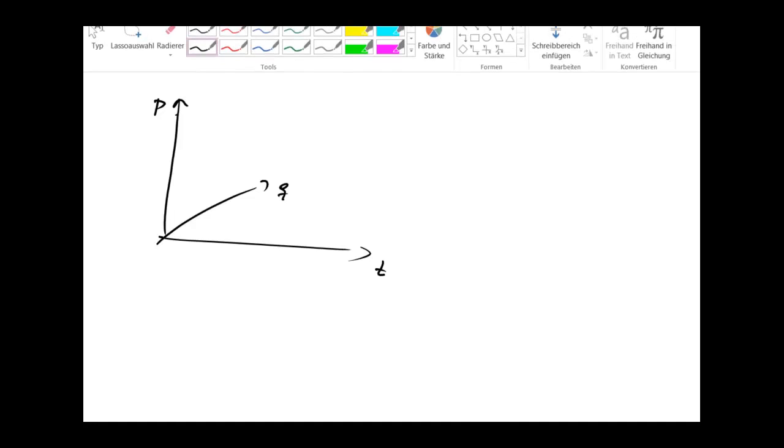So if we have a one-dimensional system, then extended phase space looks like this. We have Q and P, the phase space coordinates, and then we have a third dimension, which is time. Now at each time, the system is in a certain state.